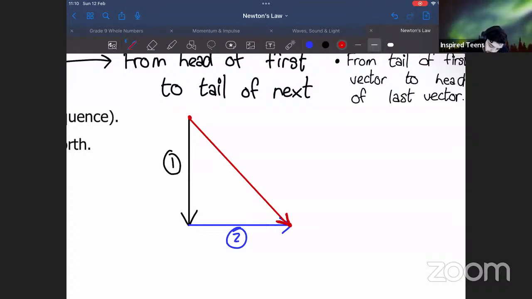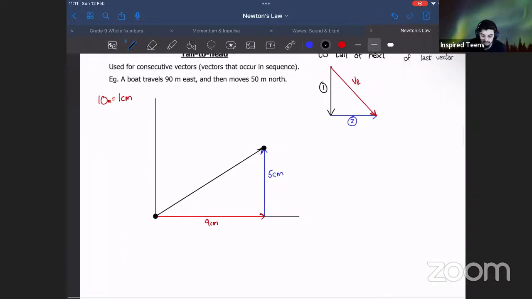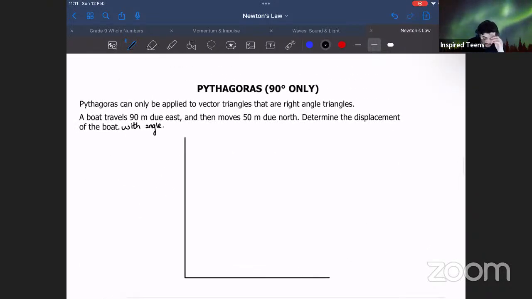So this would be the resultant vector, and here as well. Okay, let's talk about Pythagoras to actually calculate the value, like someone said in chat.